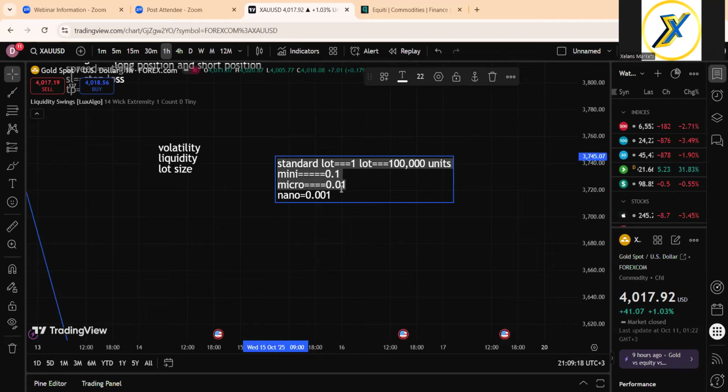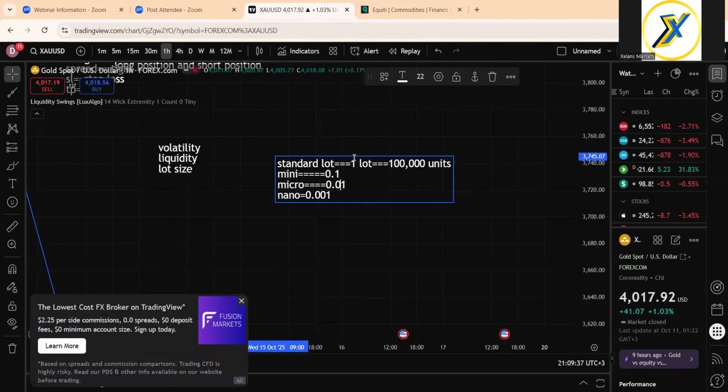It depends on your account size and also your risk management style. If your account size is huge, you have $100,000 or $50,000, and you're entering a buy position with one lot, you are safe because your account can allow those price movements.